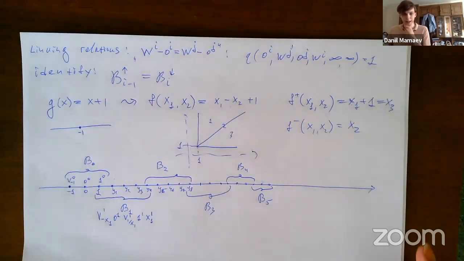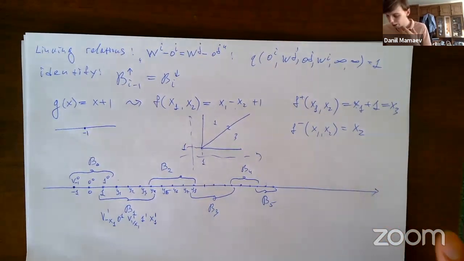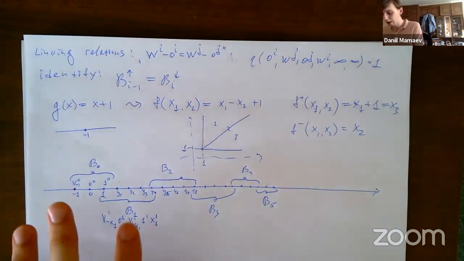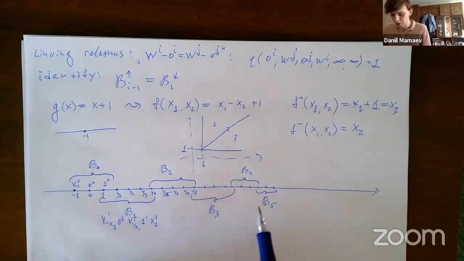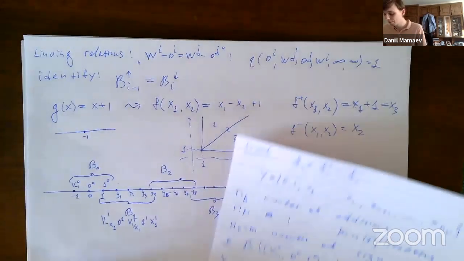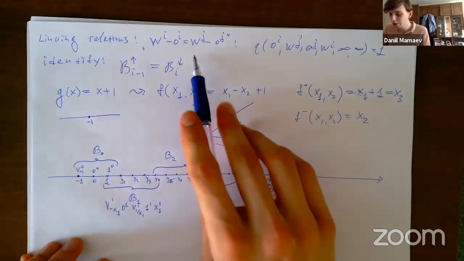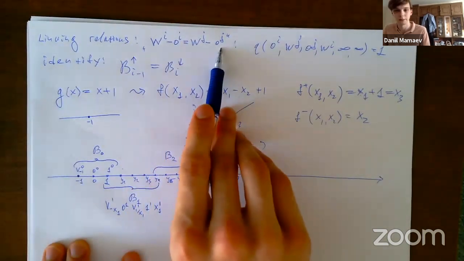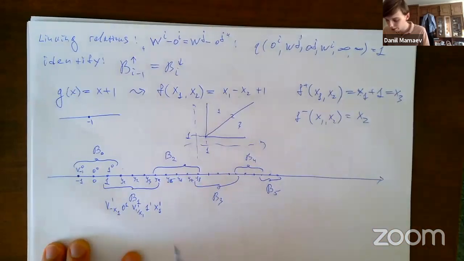What do we do next? Next, we say that, okay, we've determined all the, well, some numbers, and now we also say that they should satisfy some more relations, for instance, like this. So what do you have?